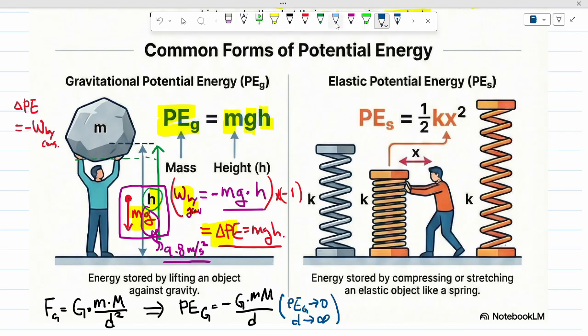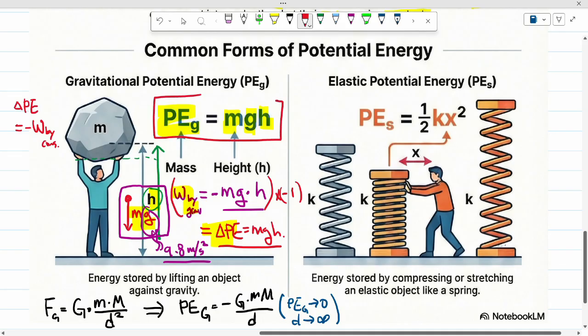All the everyday situations that you might see in homework questions will be covered by this much simpler looking expression. And the other form of potential energy, which we won't work with a lot, but you will see it in the simulation, and you should at least know the form of it.